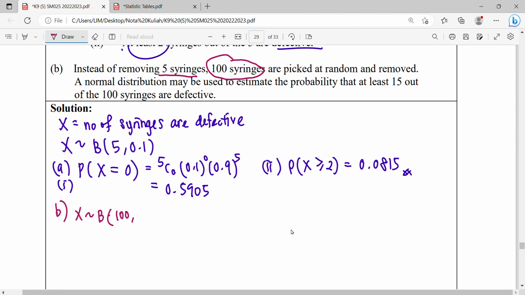Among these 100, find the probability that at least 15 out of the 100 are defective. The situation is still defective, meaning still 0.1.